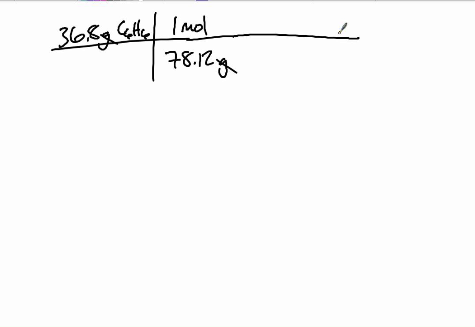Remember, I can't use grams, I need moles. So 1 mole should have a certain amount of grams in it: 12.01 times 6 plus 1.01 times 6, 6 carbons, 6 hydrogens. That benzene should have a mass something like this, 78.12 grams. So that gets me from grams to moles. But I don't want benzene, I want chlorobenzene, so I need a ratio. It is 1 to 1.